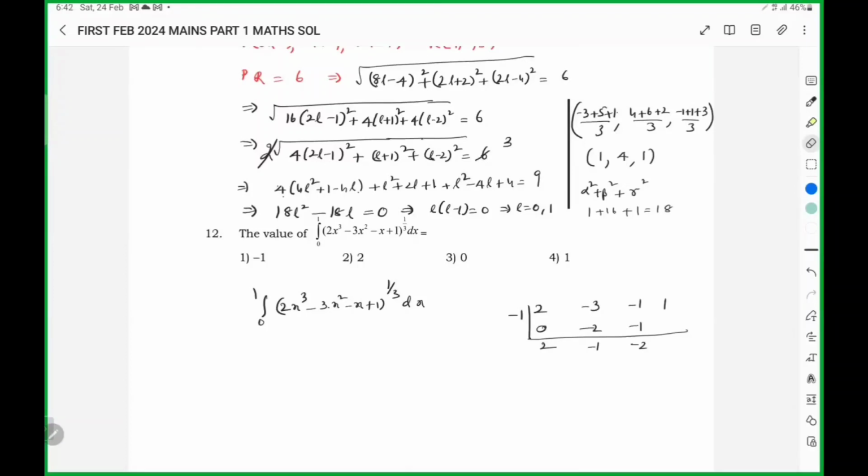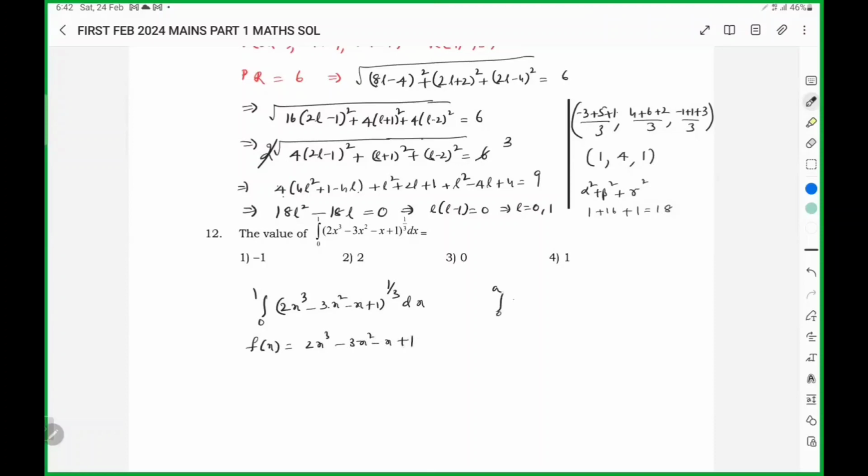Neither -1 nor +1 are satisfying the given expression. Let us say this f of x is 2x cube minus 3x square minus x plus 1.